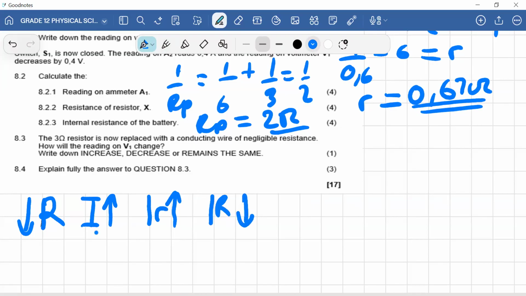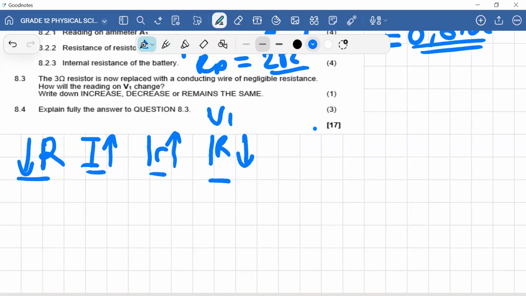So you can see that this current and the V internal go in the same direction, and this and that also go in the same direction. V external, that is the V1. So we therefore say that the V1, that is 8.3, is going to decrease.